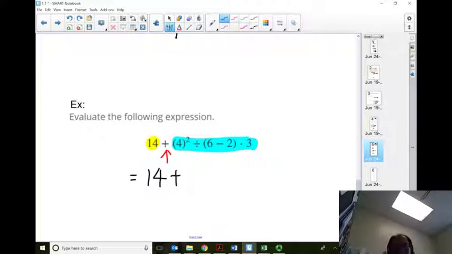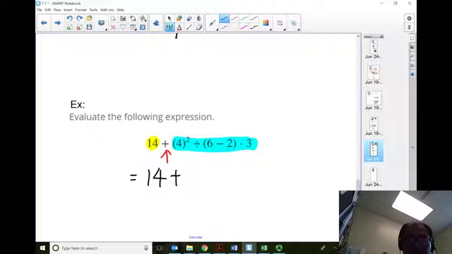There's a lot of stuff going on in the second term. I have an exponent, division, a parenthesis with one operation in it, and also multiplication. So let's do this from left to right accordingly. A lot of the time students say you have to do what's inside the parentheses first. That is true.